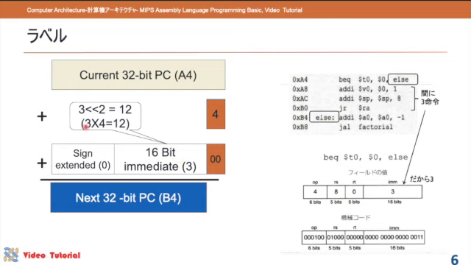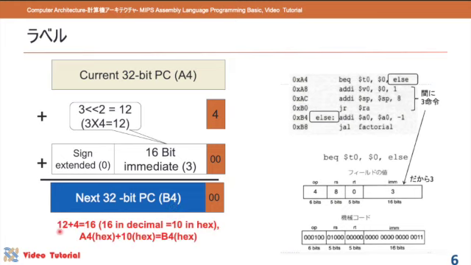That means you need to multiply 4 with the immediate value. Here the immediate value is 3, and once you multiply 3 with 4, you get 12. So you add the 4 and then add the 12 to the A4, and then you will get the B4.